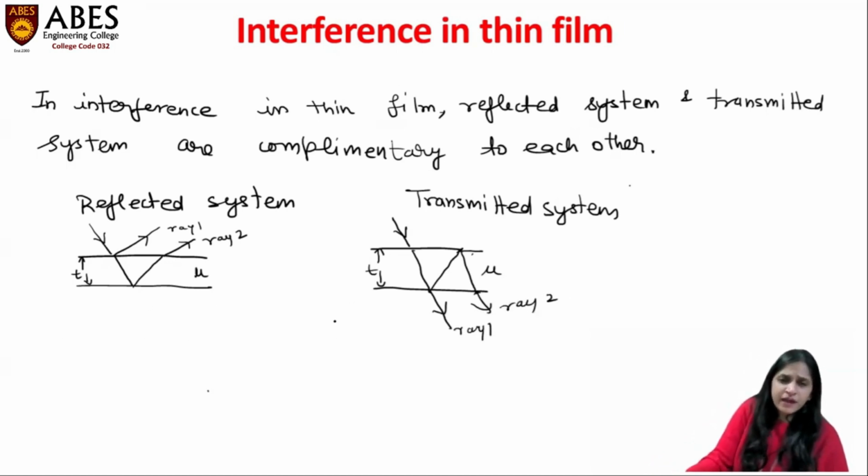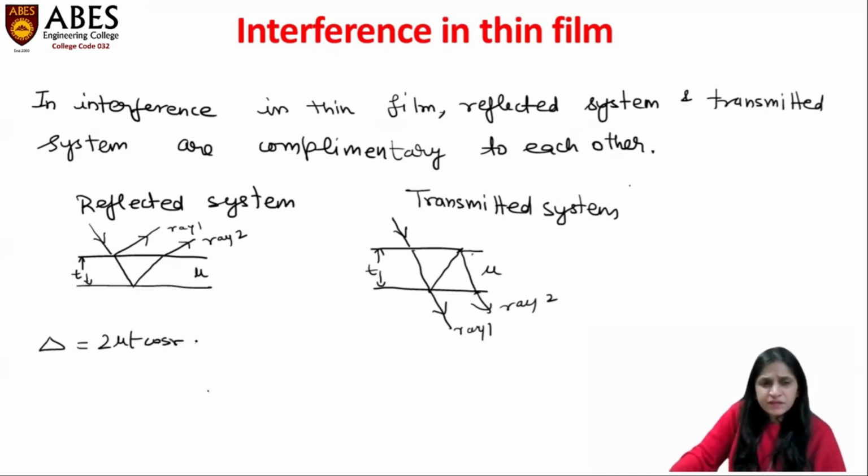So if we calculate the path difference, as we calculated in the last lecture for the reflected system, here we are directly going to write it for the transmitted system. For the reflected system, the path difference is 2 mu t cos r plus minus lambda by 2.